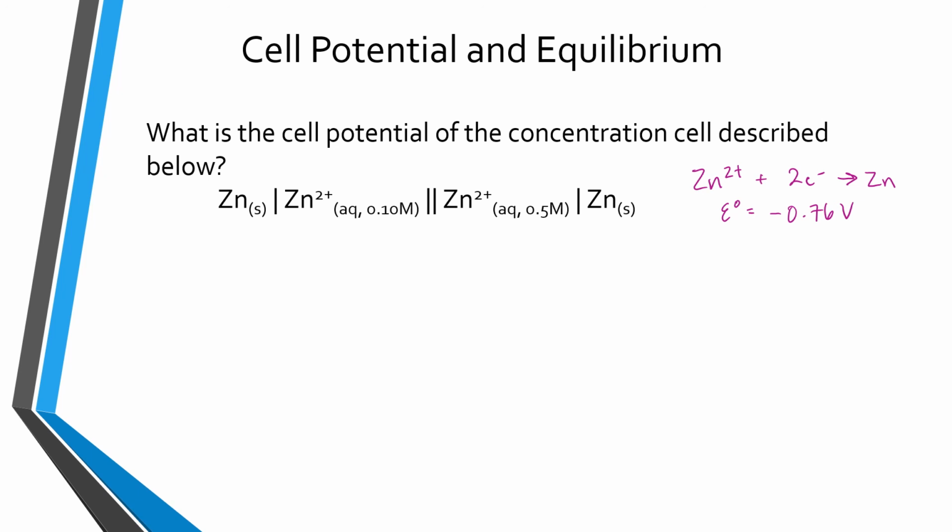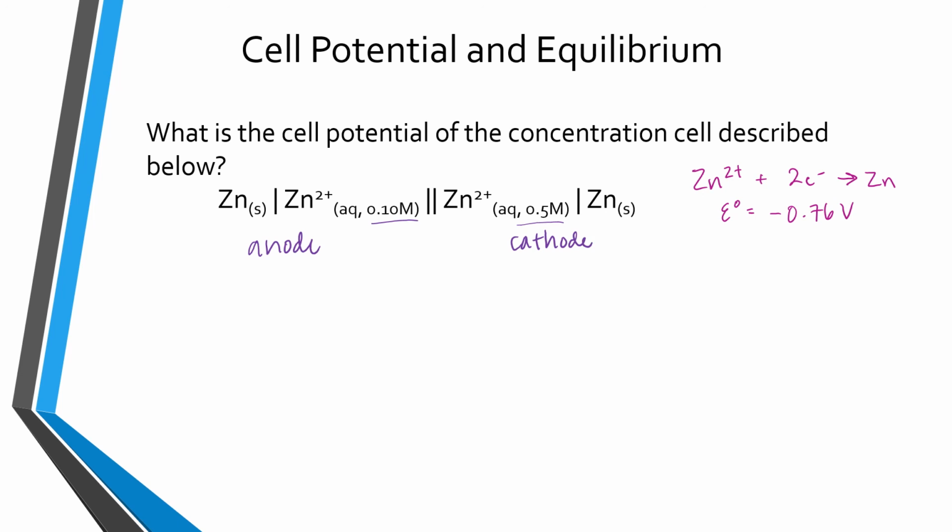So zinc is our anode and our cathode here, but the solutions have different concentrations. And so that's what makes it a concentration cell. Now, we have to think about, in line notation, what's in our reactants and what is in our product. Remember that for line notation, it's anode on the left and cathode on the right.